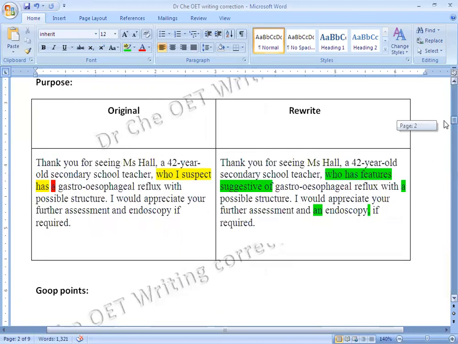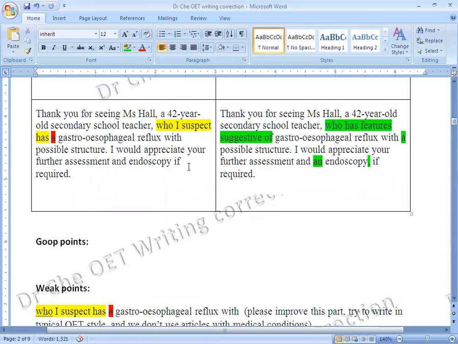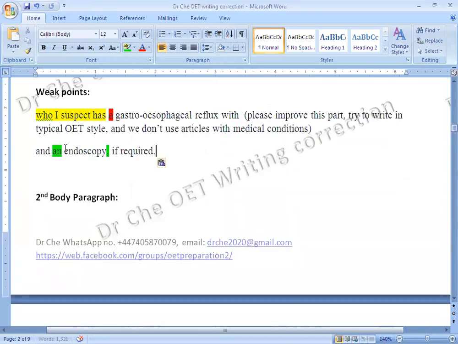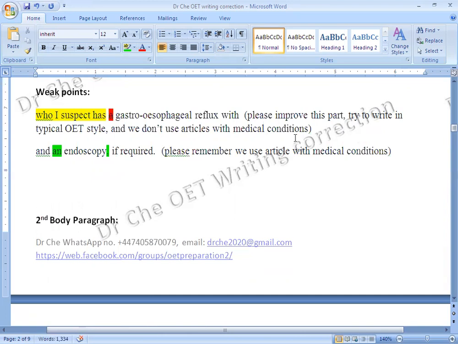The next thing is this part. We should say that please remember we use article with procedures, not medical conditions.